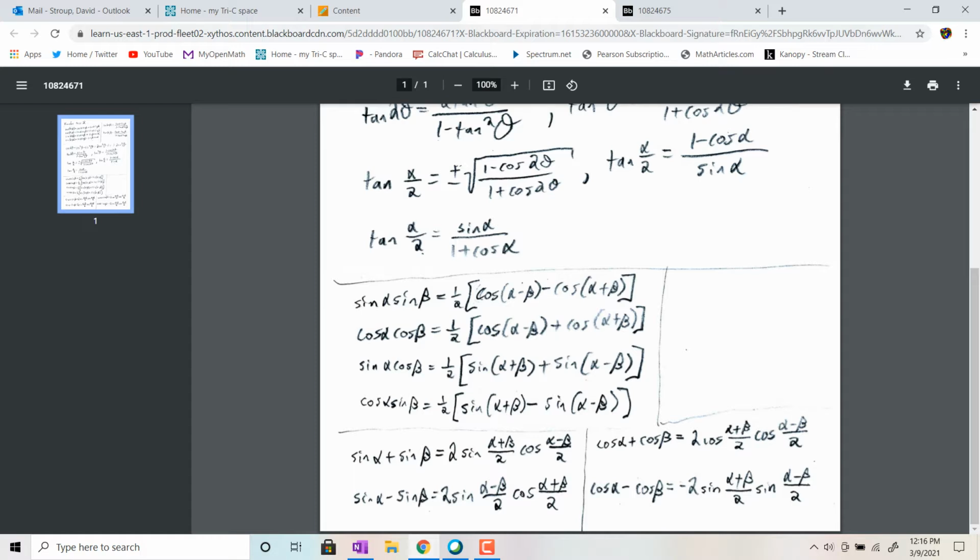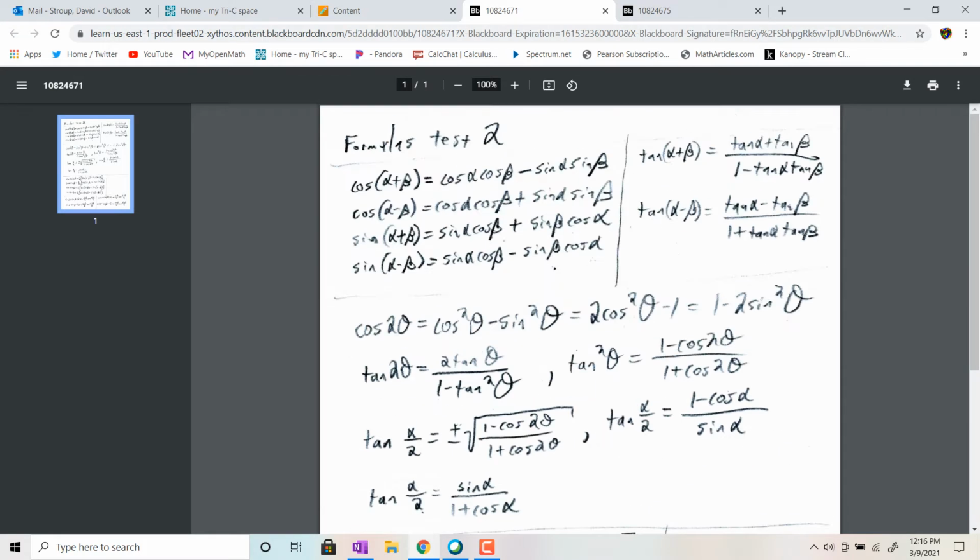But that's not to suggest that you will never use them in later classes, especially if you take engineering. I really am not familiar with all of the trig that's required for engineering classes. So anyways, I'll be giving you the formula sheet for the second test.